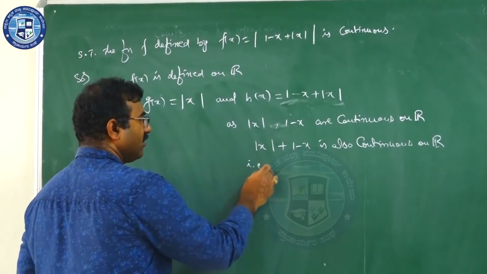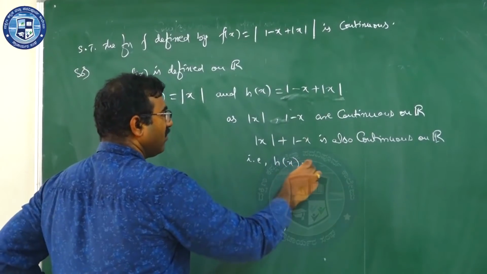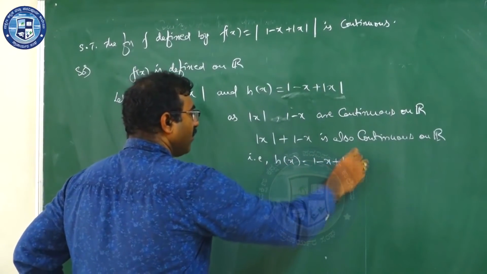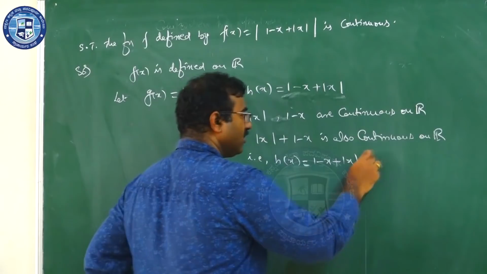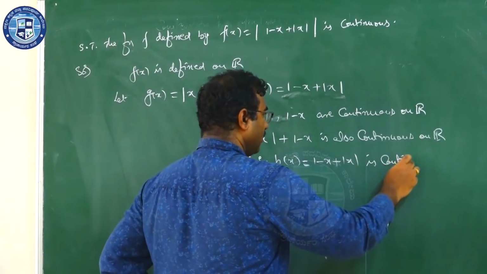That is, h of x is equal to 1 minus x plus mod x is continuous.